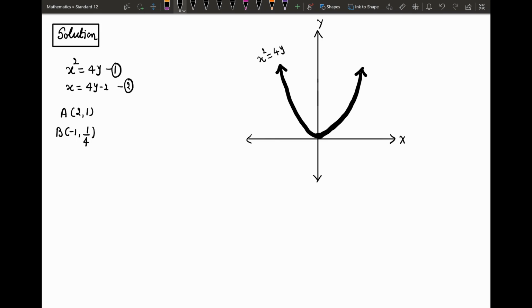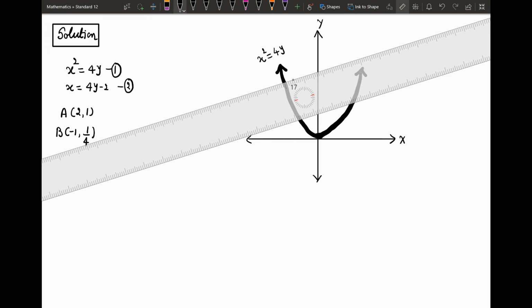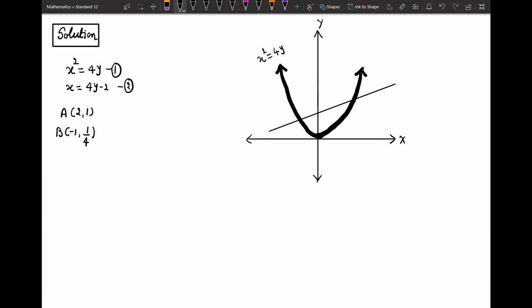So this is the line, easily you can get an idea. Here A (2, 1), B (-1, 1/4), and this is the line x equals 4y minus 2.